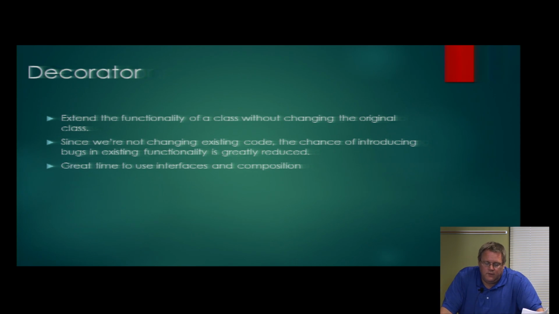Decorator. Decorator is to extend the functionality of a class without changing the original class. Okay. When you introduce change, you introduce the potential for bugs. Okay? In a physical example, not a software example, when does a wire cause you a problem? When it's moved.